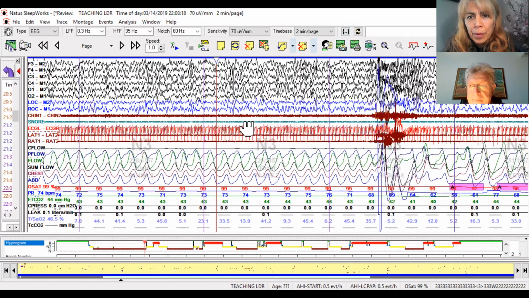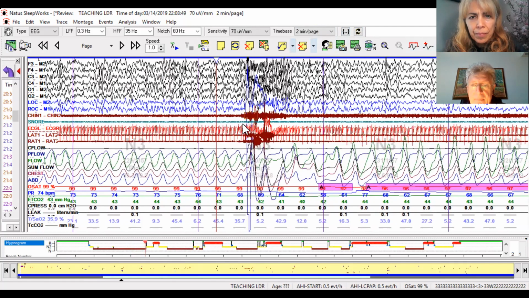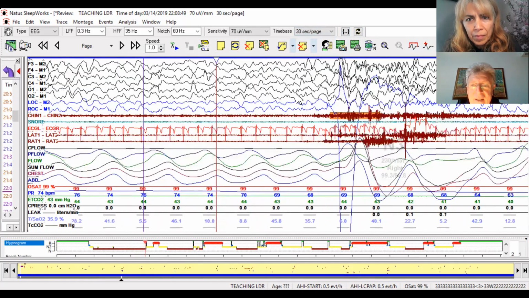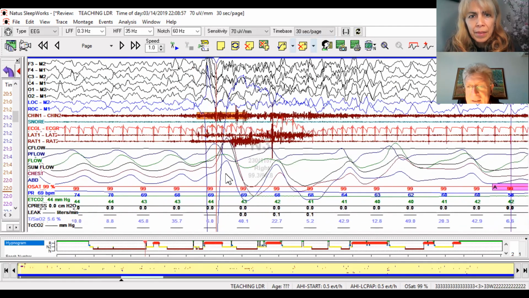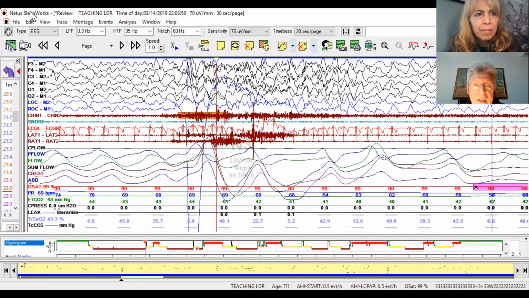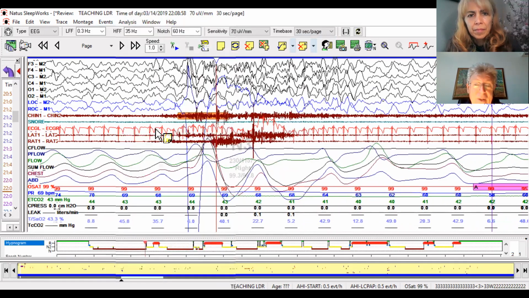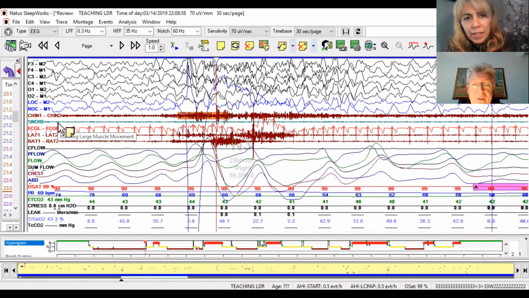And here we have another one. Little doubt that here we are in the presence of a large movement. Can you put 30 seconds, please? Okay, as you can see, maybe it depends on the filtering that you are using on the signal, but I would have thought that this movement would have shown some EMG potential also on the EEG signal.